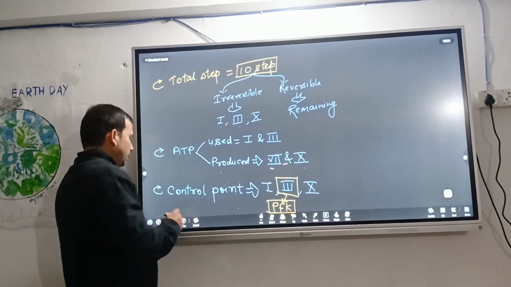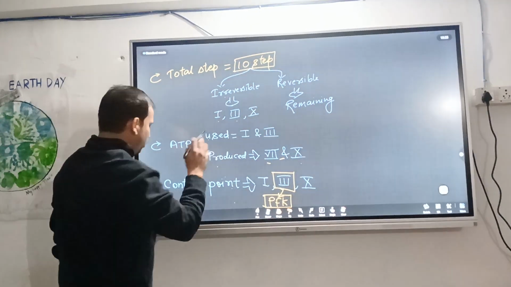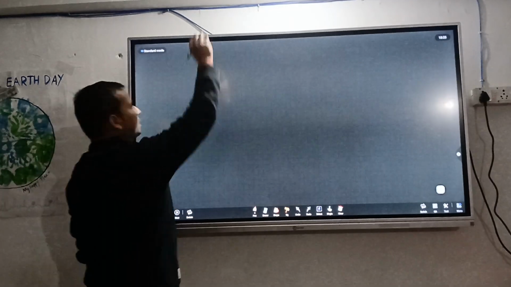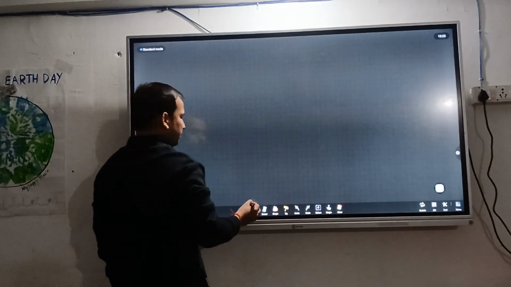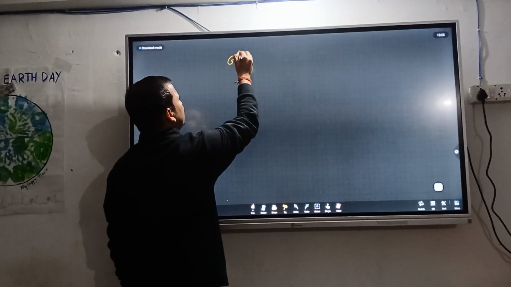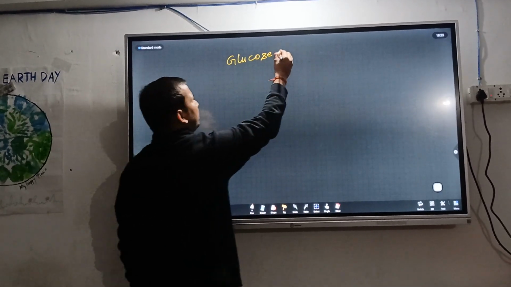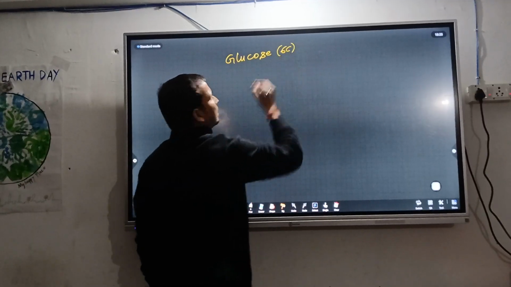So let's start the whole process. Let's see how it takes place. I will show you the whole process. It is starting with glucose. Glucose has how many carbons? 6 carbon.